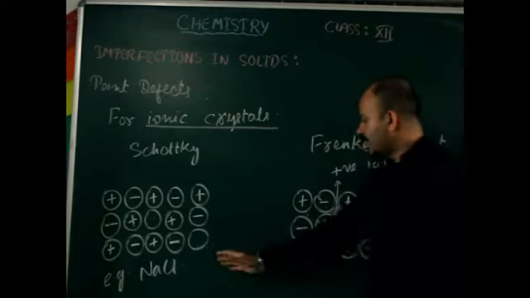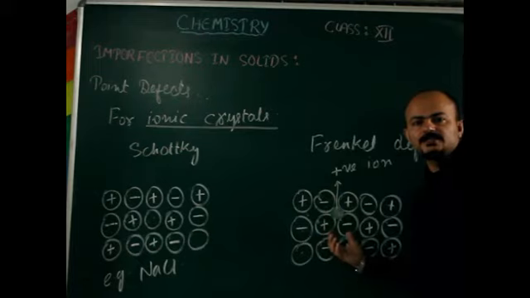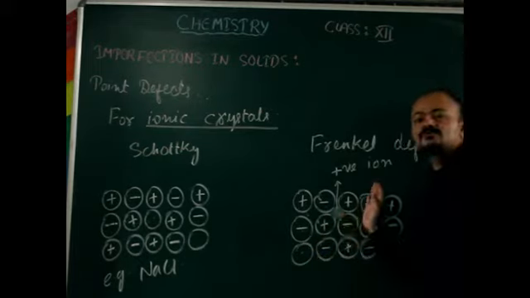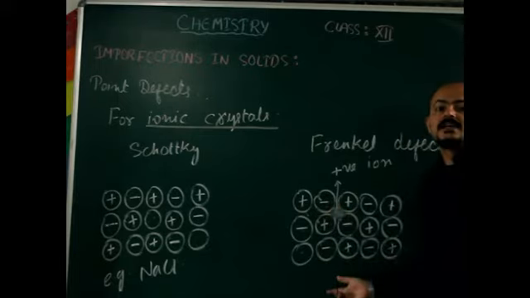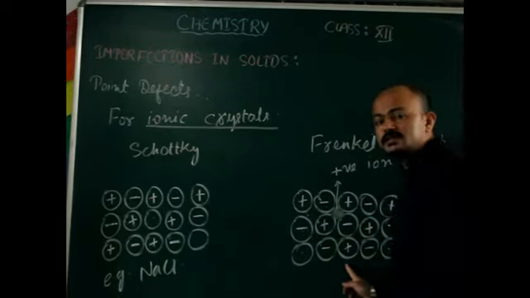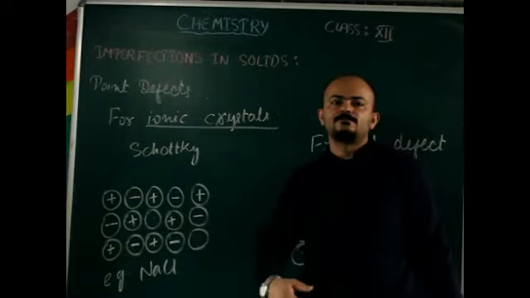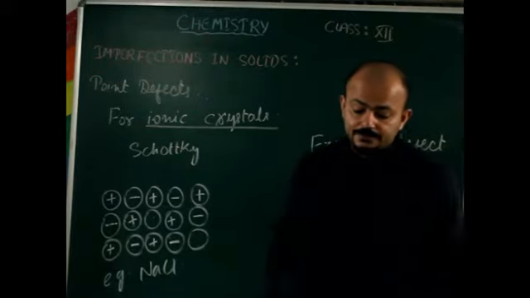And can you see, has this ion moved out of this crystal system? No, it is not present where it is supposed to be present, but it is present within the crystal system itself. Therefore, the density remains unchanged. There is no decrease in density, and this point is very important. But in case of Schottky defect, since the ions have moved out of the system, there is a decrease in density of the crystal system.